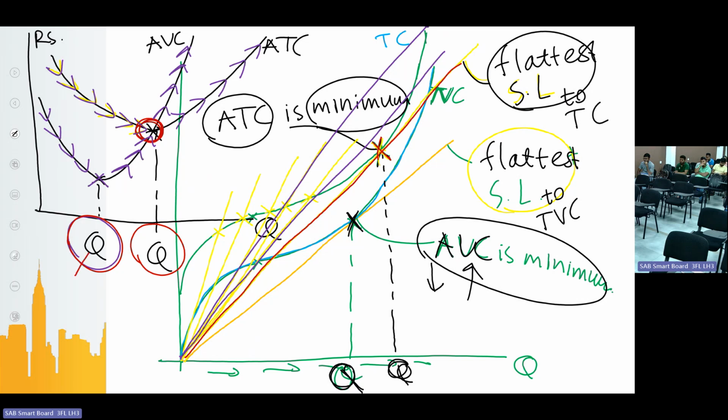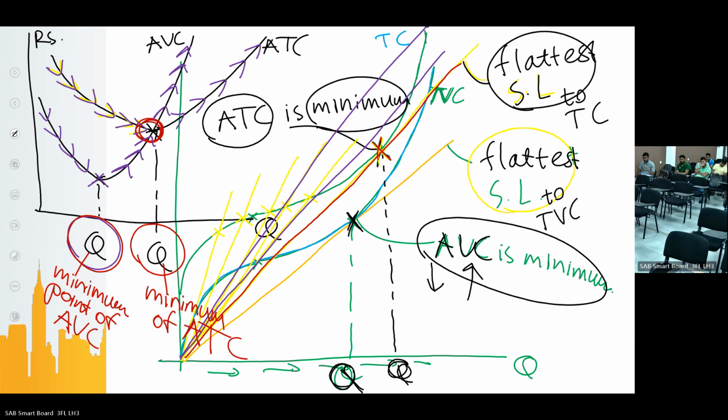This is the minimum point of ABC. This is the minimum point of ATC. So the minimum point of ABC comes before the minimum point of ATC.